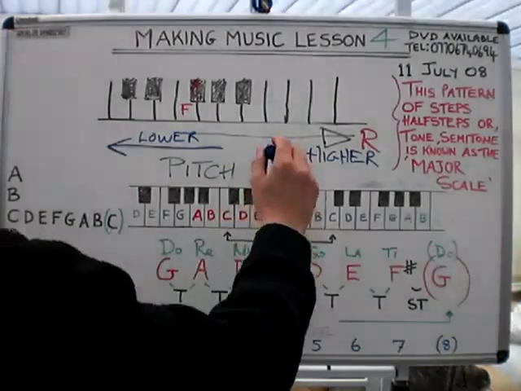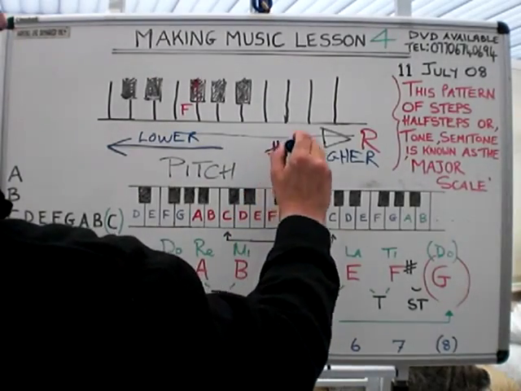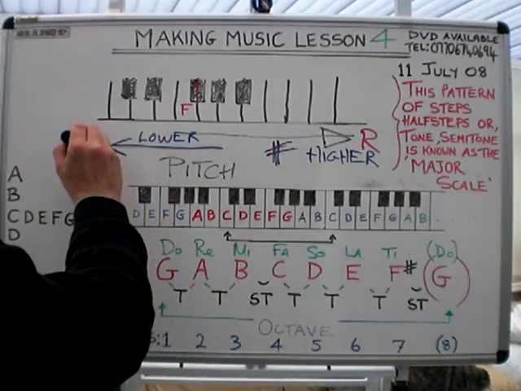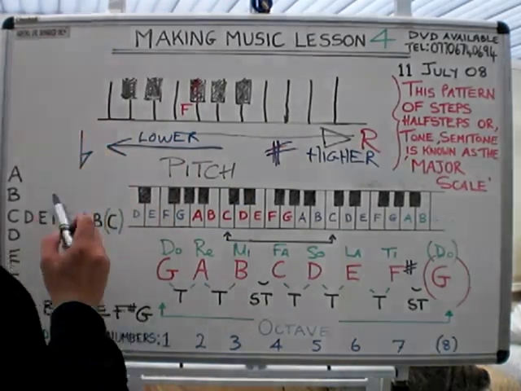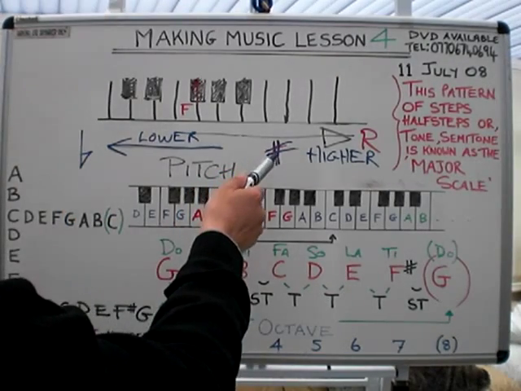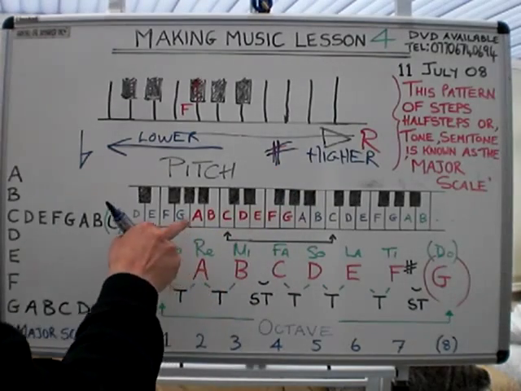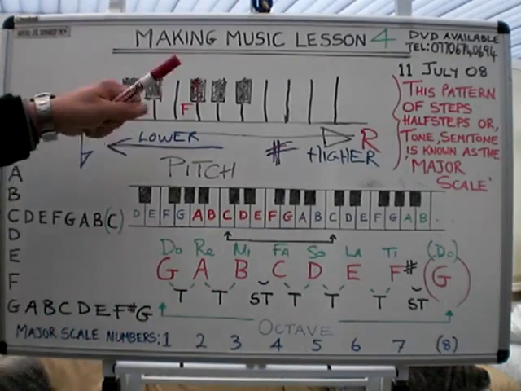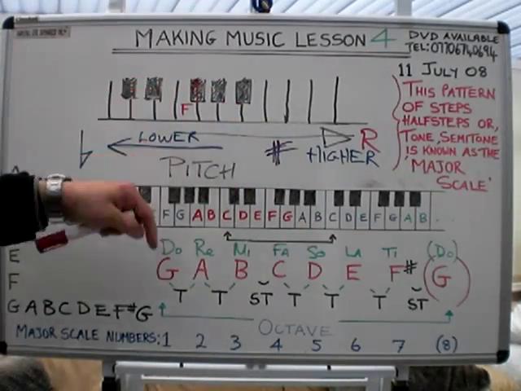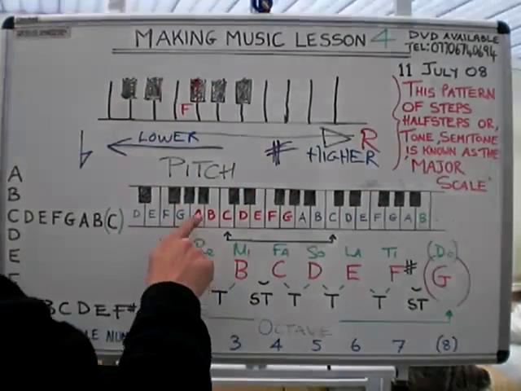When we go higher, of course, like I just said, we use this sharp. When we go lower, we use this. That's known as a flat symbol. But generally we're going to mainly talk about sharpening things, because as we're doing this structure of tone, tone, semitone, and so forth, we're generally going to the right.